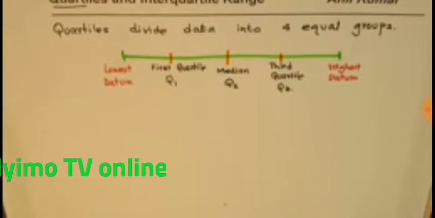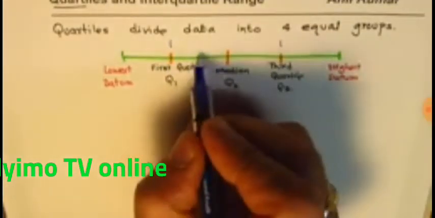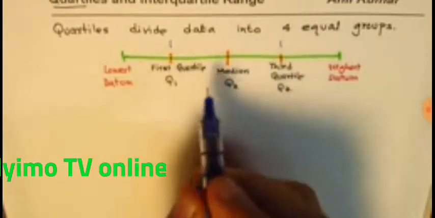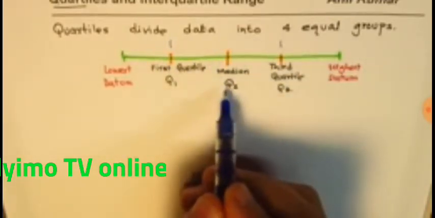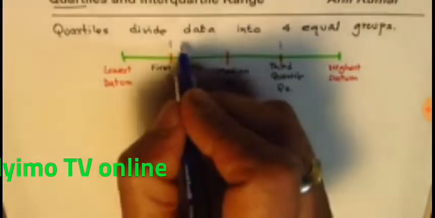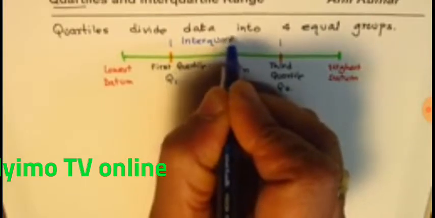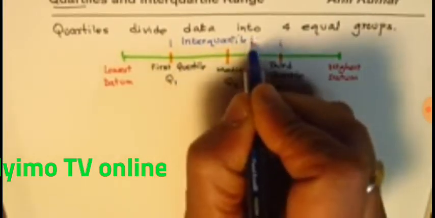That is what we know. And the data between the first and the third quartile is kind of the central data around the median, right? So around the second quartile is known as the interquartile range.